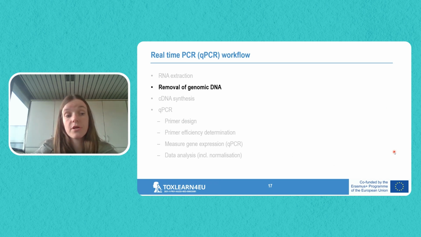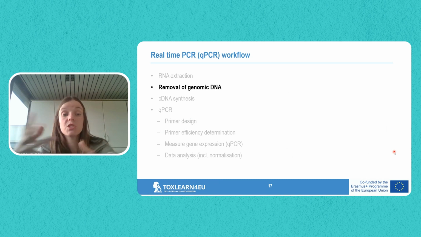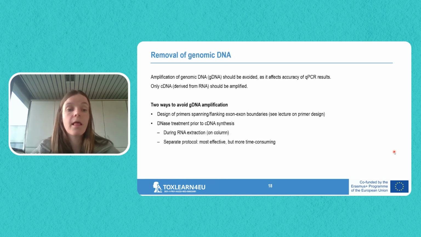But for real-time PCR analysis, it's very important that we specifically continue our work with RNA, and therefore we need to first remove any residual genomic DNA, because the extraction procedures for RNA will mostly isolate RNA, but of course they're not completely waterproof, so some genomic DNA might also be inside the samples.